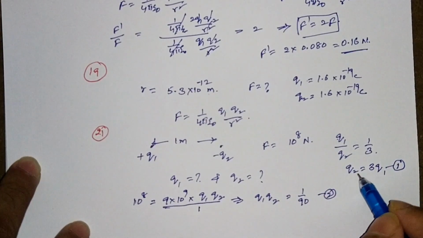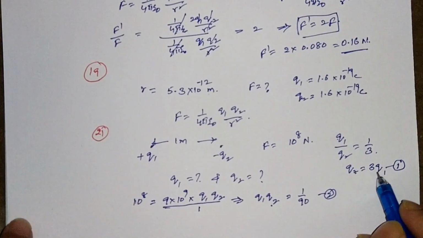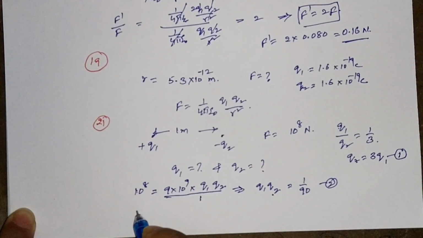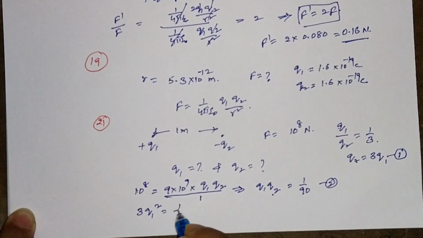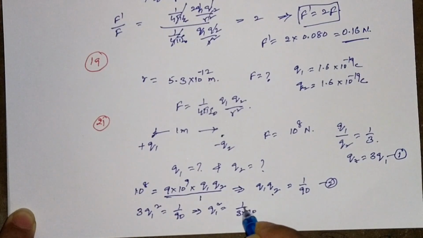Now substitute Q2 value in equation 2. Q2 value is 3Q1. Then what are you going to get? Q1 into 3Q1, that is 3Q1 square is equal to 1 by 90. So Q1 square is equal to 1 by 3 into 90.